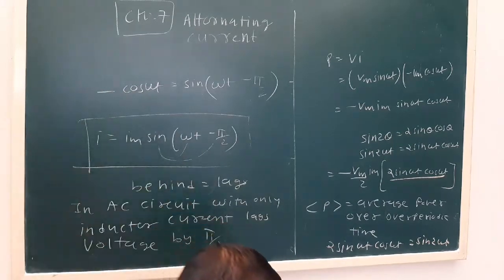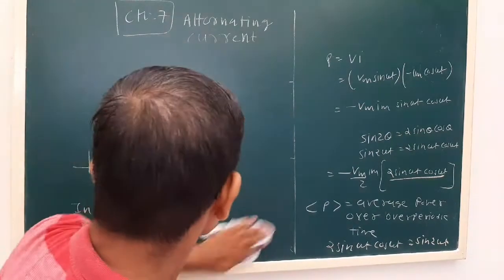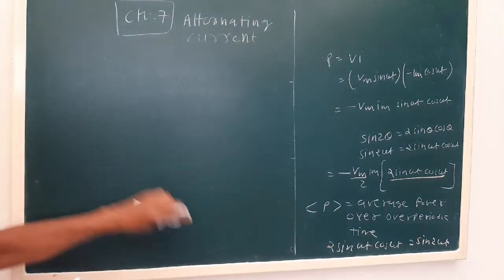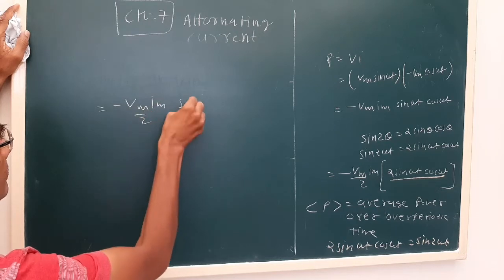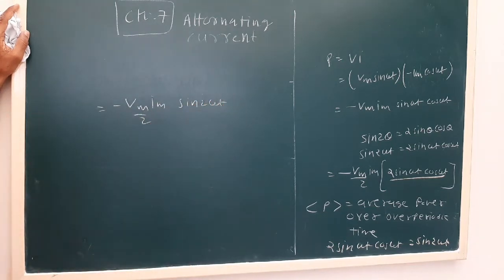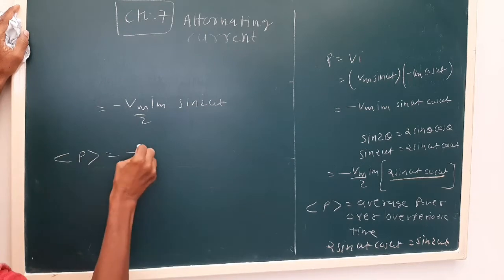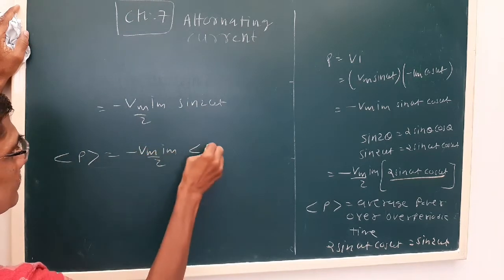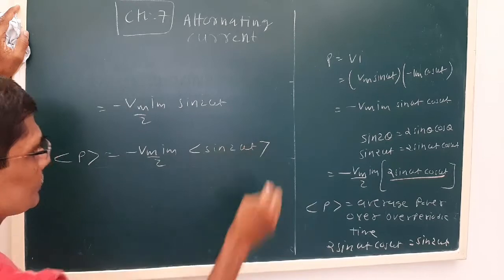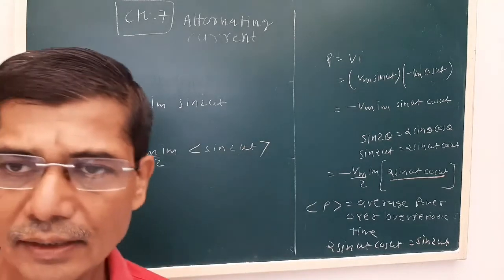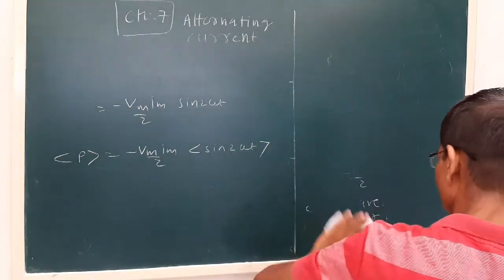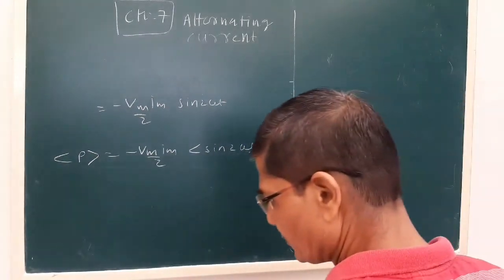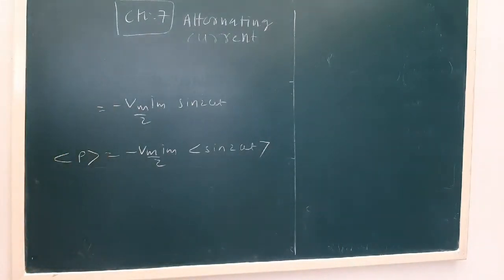Now the average power. We know that sine omega t is a periodic function. Any periodic function, it may be sine or cosine, its average value over one period is 0.